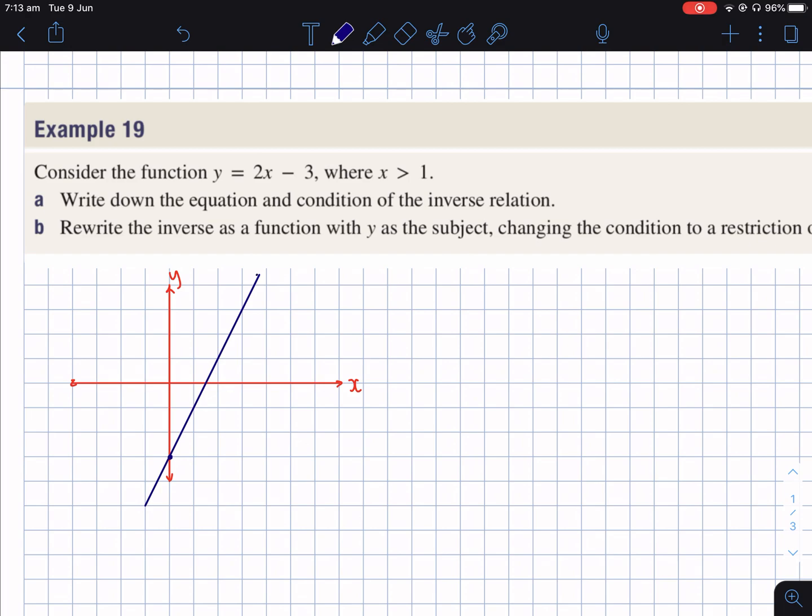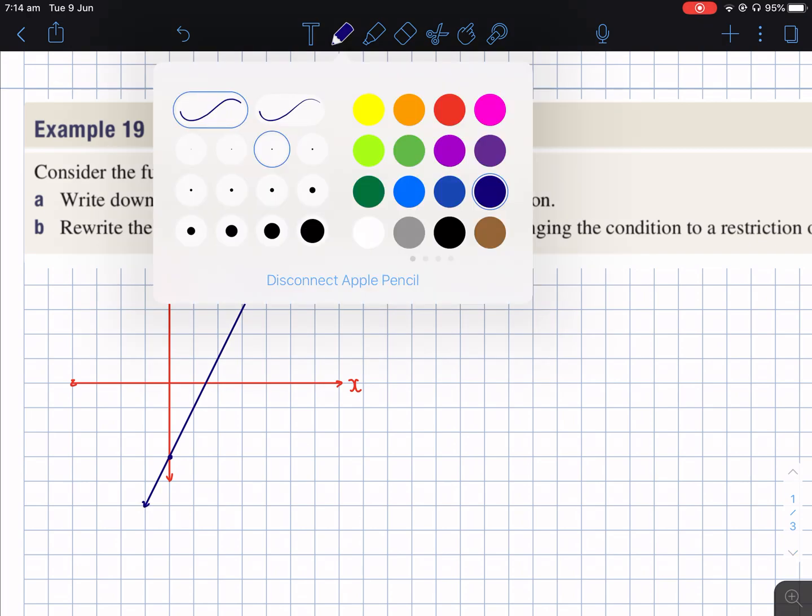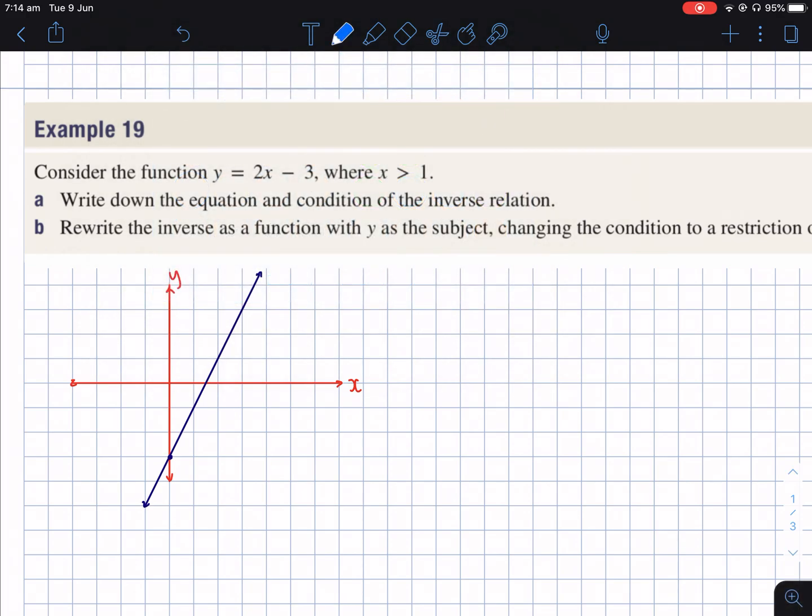They only want where x is greater than 1, so I do an open dot here, because it doesn't actually touch that one.